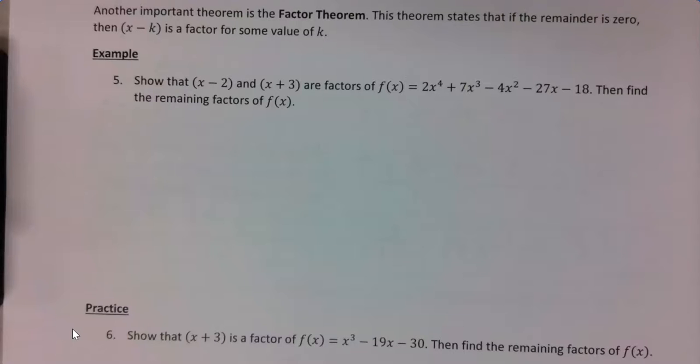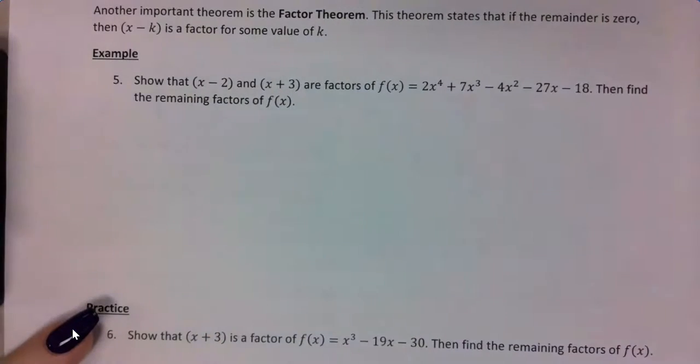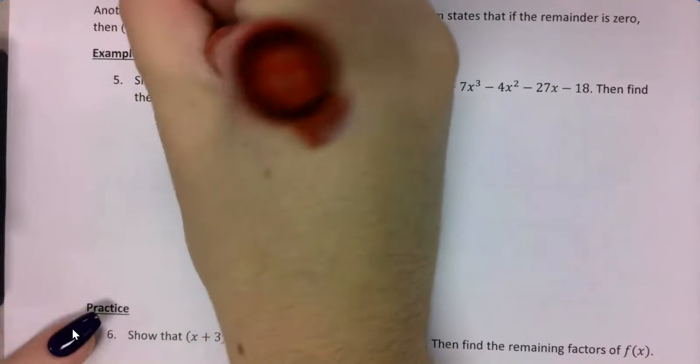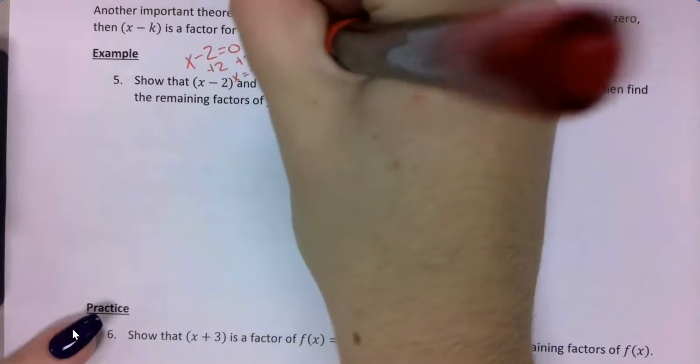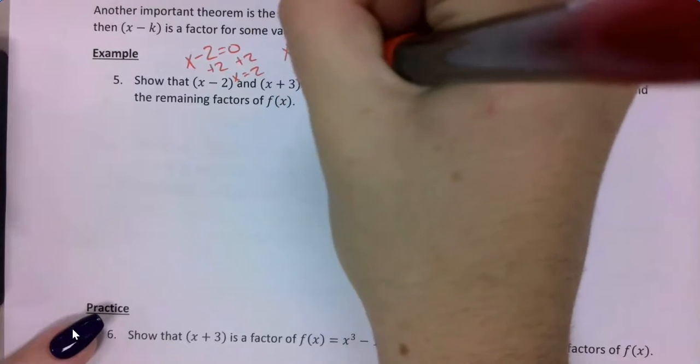So what I want to do is I'm going to first set these both equal to 0. So I get x equals 2. And x equals negative 3.